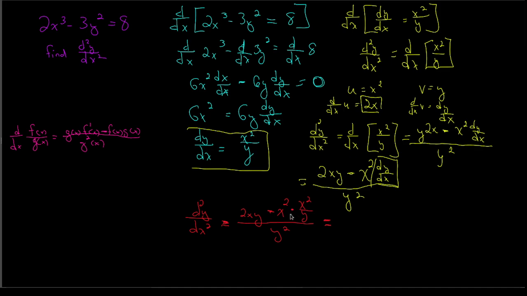And when we start getting fractions like this that we have to manipulate, we kind of lose some of the representations we can get, because we could look at this as 2xy over y squared minus x to the 4th over y cubed. And then the extra y's cancel out, and we get 2x over y minus x to the 4th over y cubed.